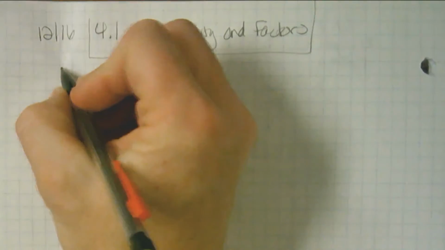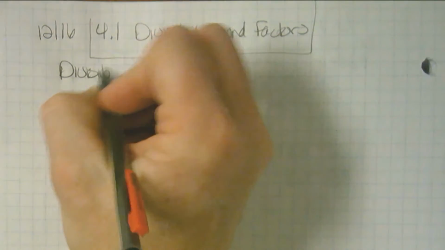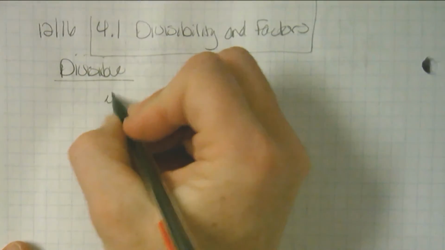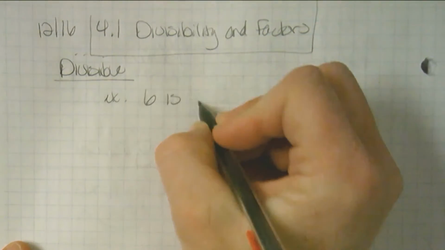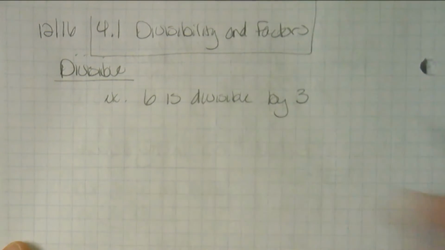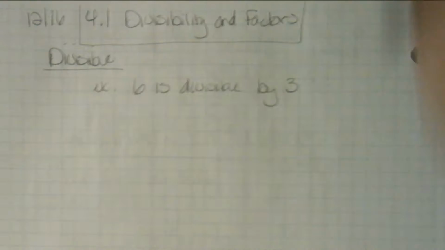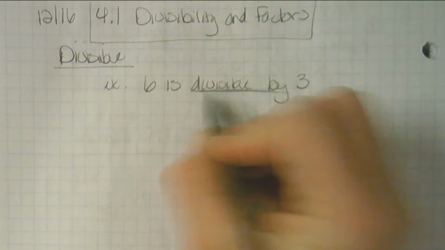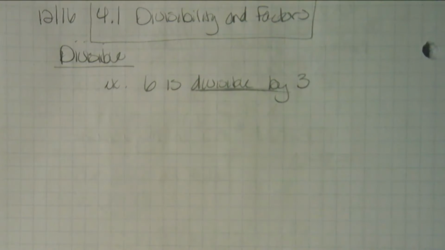All right. When we talk about the word divisible, an example might be 6 is divisible by 3. What does that mean? What does it mean that it's divisible by? Mia? Well, 3 can go into 5 also, but 3 goes into 6.